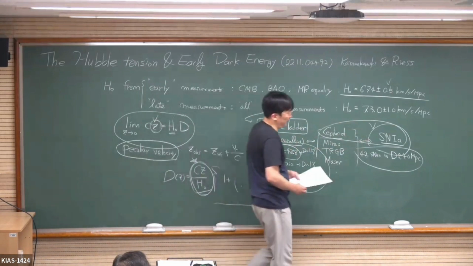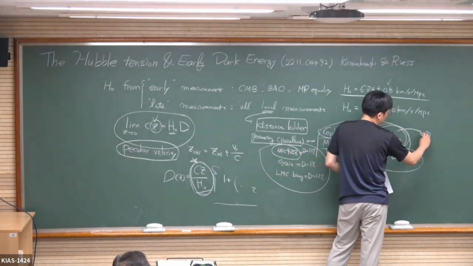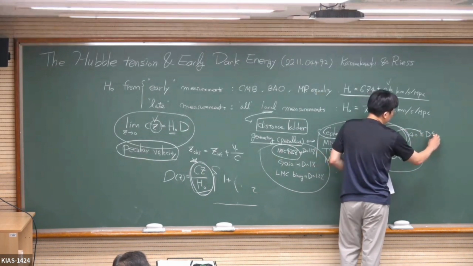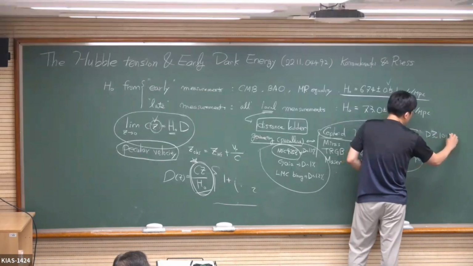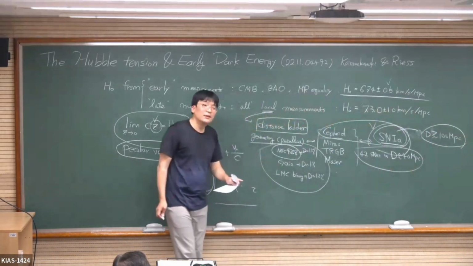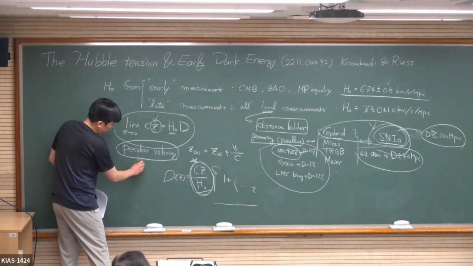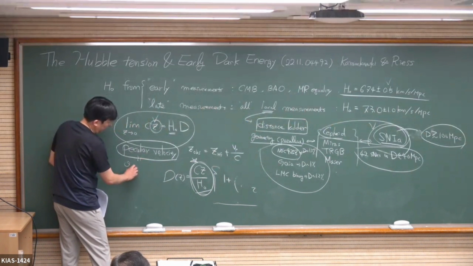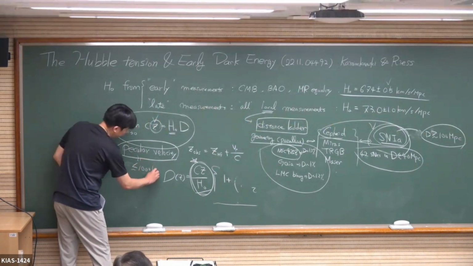Because for measuring H0, they have tons of supernovae at, say, D greater than 100 megaparsec. These are the supernovae they use to measure H0, because the peculiar velocity of galaxies is typically, to be safe, less than 1,000 kilometers per second.